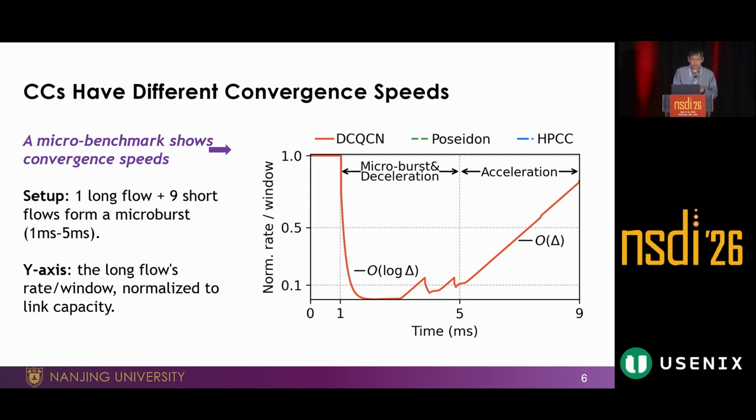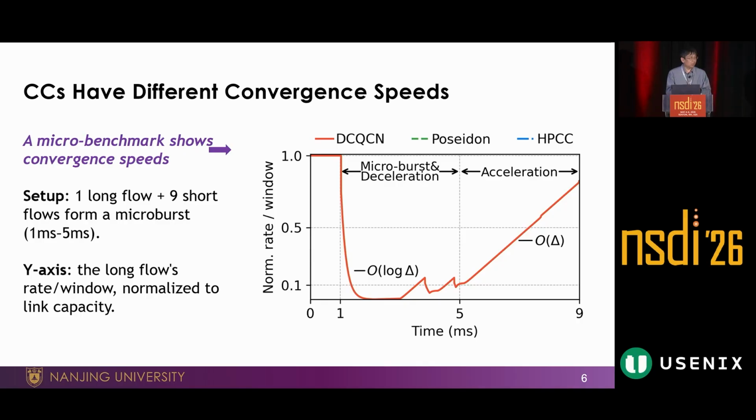But as we can see, different congestion control algorithms have different convergence speeds. Here is a simple, very typical example. We have one long flow and 9 short flows, and we have a microburst from 1 millisecond to 5 milliseconds.